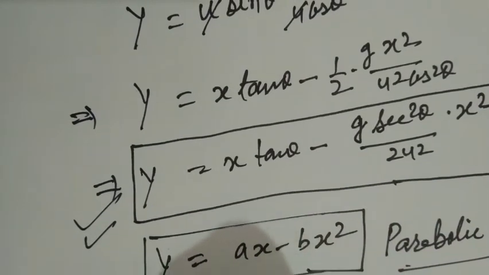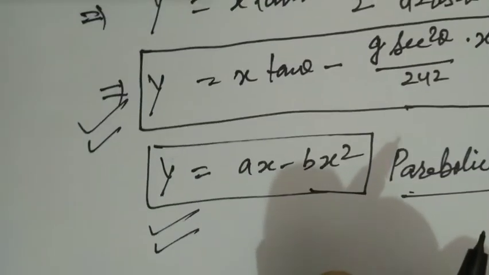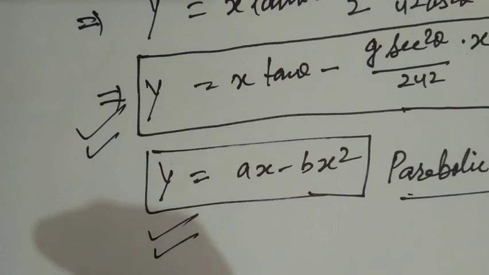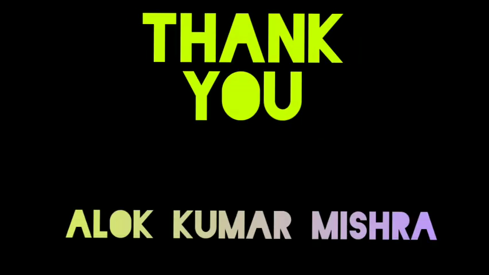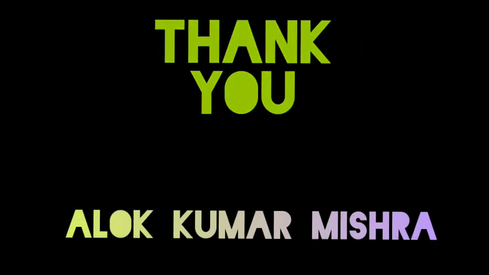I hope that this concept will be very useful in your calculation of numericals regarding projectile motion. Projectile motion is two-dimensional motion in which the body covers horizontal distance as well as vertical distance. Okay, thank you.